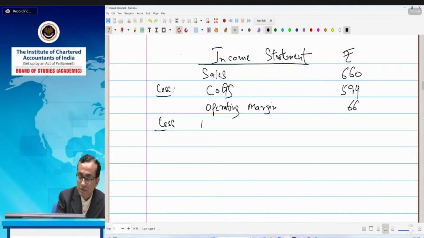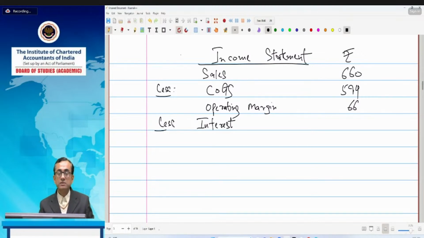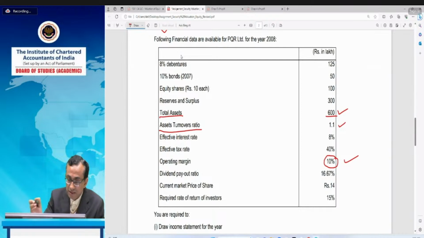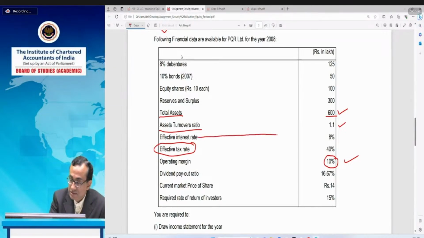From this operating margin we will deduct interest. Again, while calculating interest, you have to be careful and read the question carefully. See, in this case, it is written effective rate of interest, which is 8%.